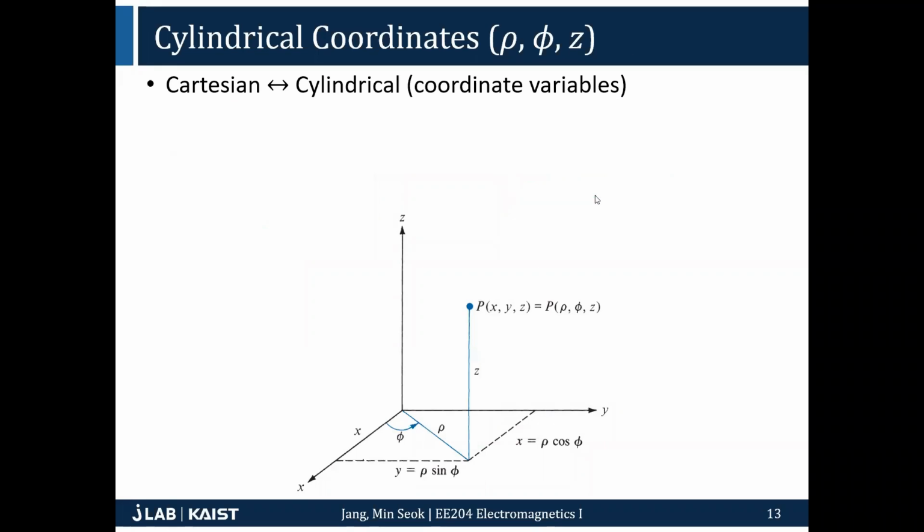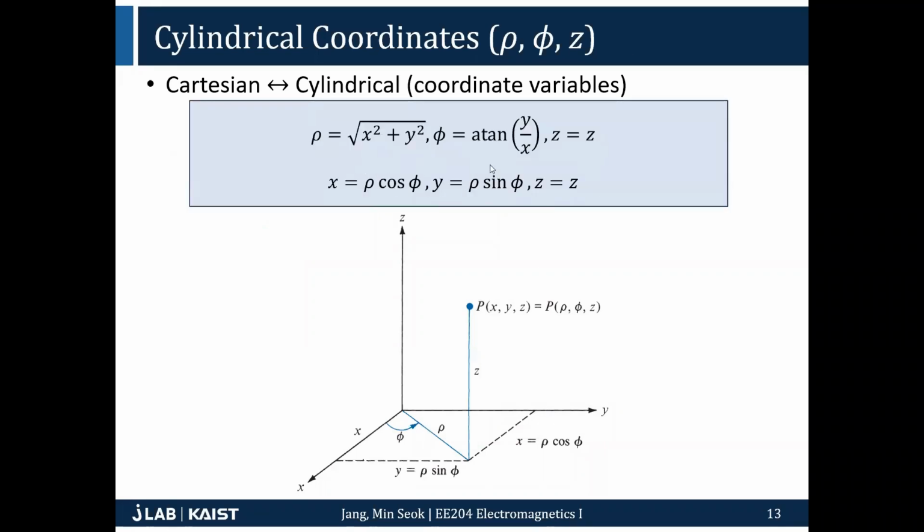So this is about transformation between coordinate variables, but this is not the end of the story, because this is just rho, phi, z and x, y, z. But we also have a_x, a_y, a_z, and a_rho, a_phi, and a_z. So we need transformation between these two, right?